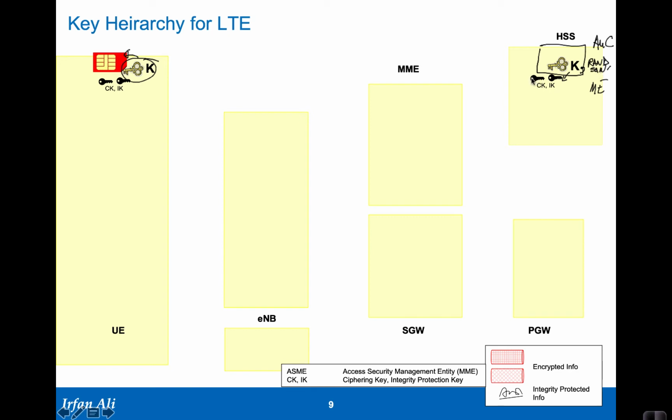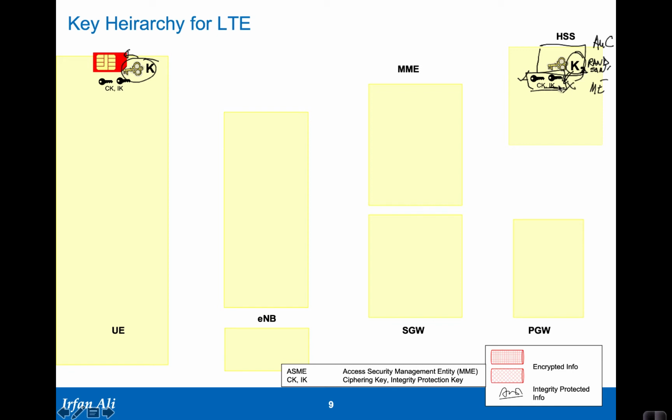So if the CK and IK which is in the mobile is compromised, if somebody gets hold of this, the master key is still not compromised. So the reason for the hierarchy is that if a key at a lower level in the hierarchy is compromised, it's still not a problem, because you are still saving the key at a higher level in the hierarchy.